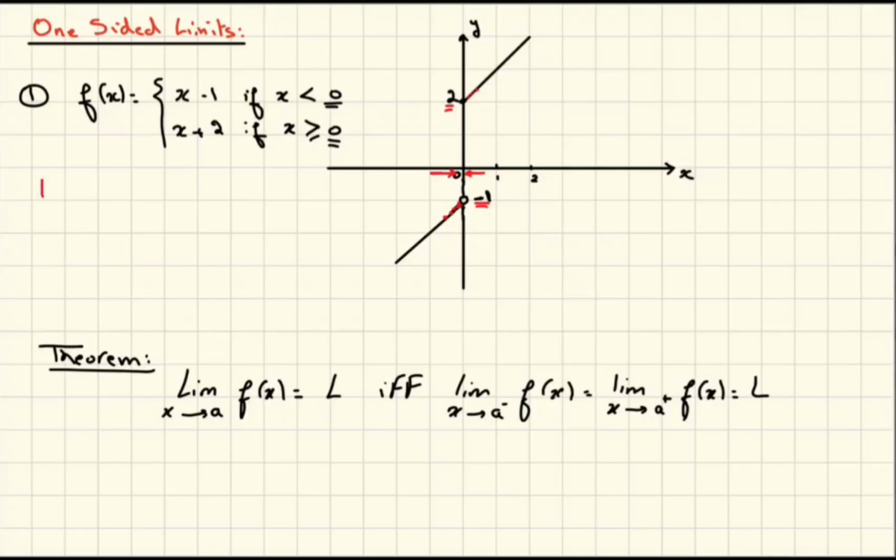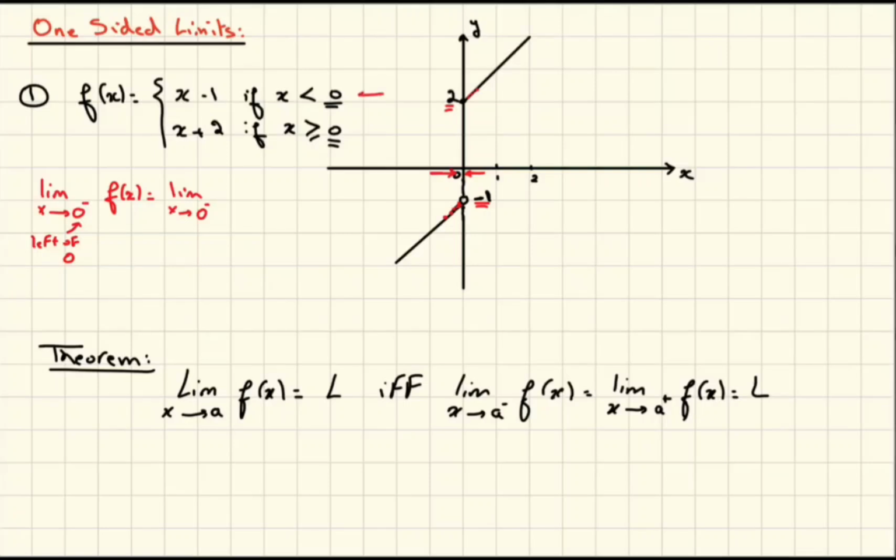If I want to write this, I will write this. Limit as x approaches 0 minus, and 0 minus means left of 0, of the function f of x is the limit as x approaches, again, 0 minus, which means from the left side, so we're talking about the negative part.